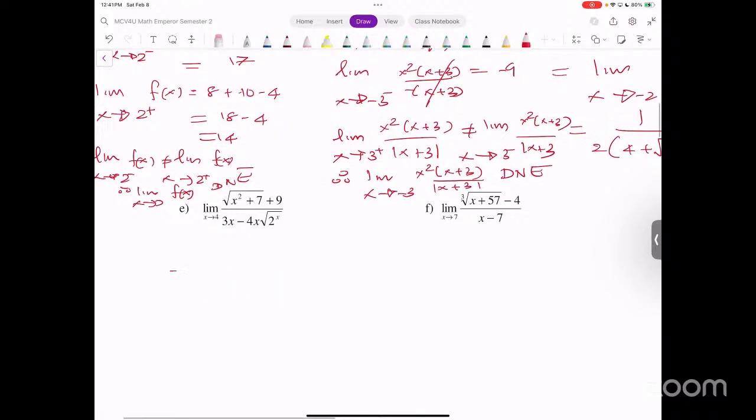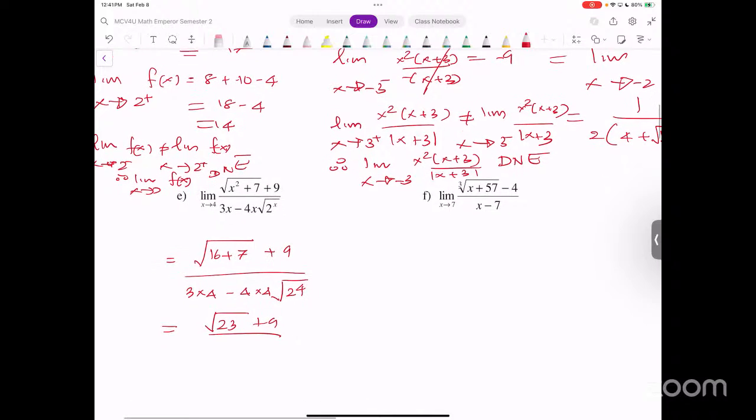Just a direct substitution. So the square root of 4 squared is 16, plus 7, plus 9, over 3 times 4 minus 4 times 4, times 2 to the power of 4. So that is going to be the square root of 23 plus 9 over 4 times 4 is 12 minus 16, times 2 to the power of 4. If you take the square root, 2 to the power of 2.